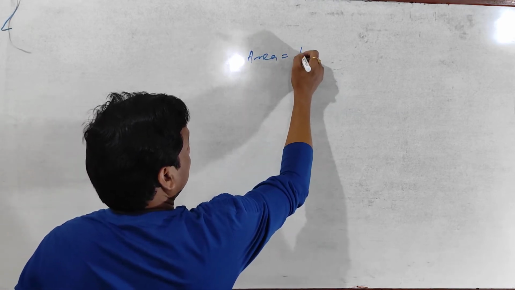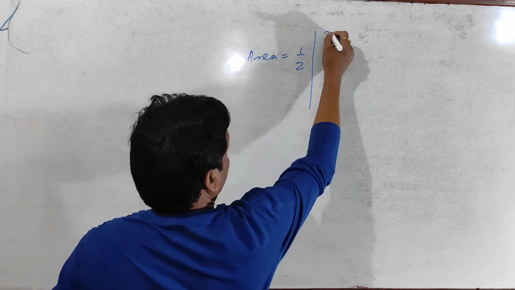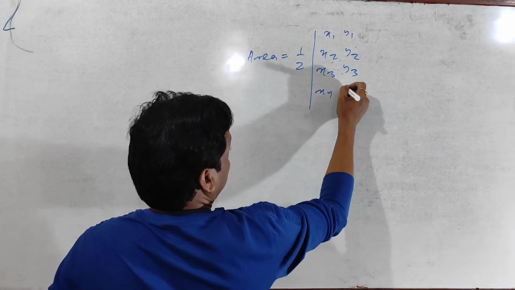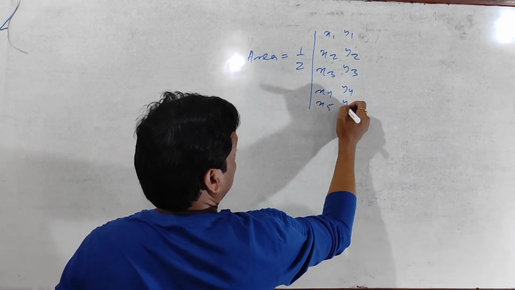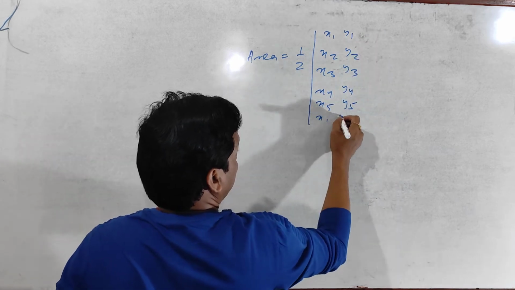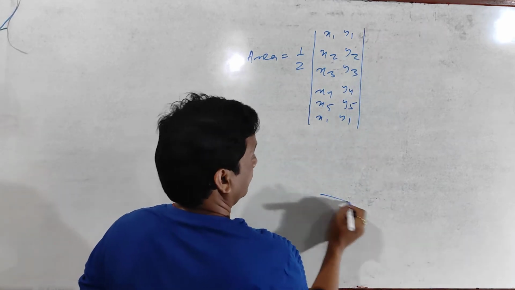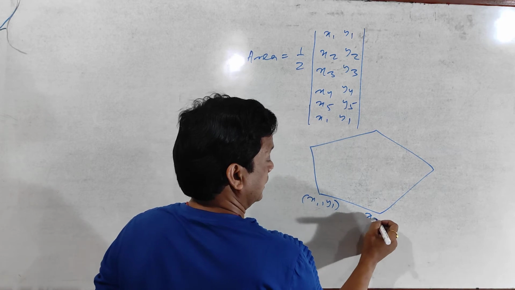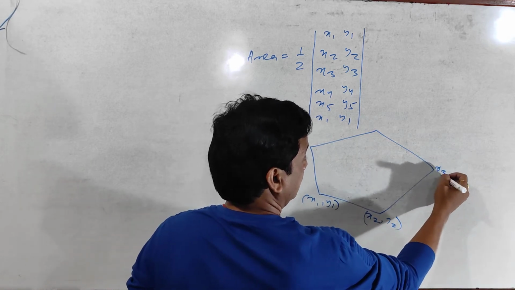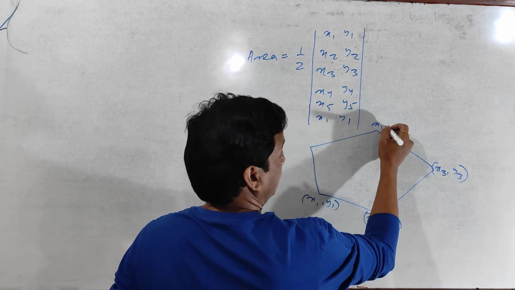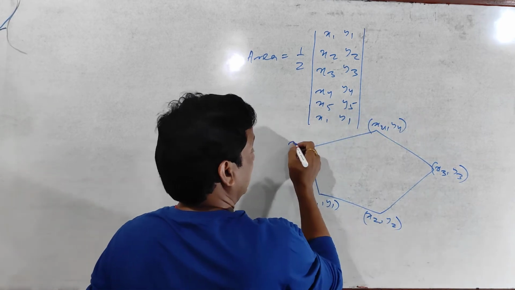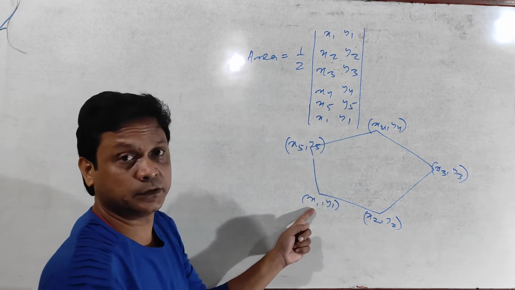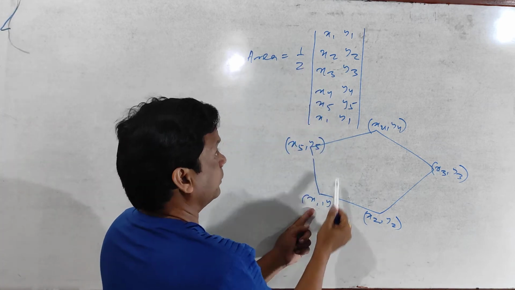Area is equal to 1 by 2. Take the coordinates (x1, y1), (x2, y2), (x3, y3), (x4, y4), (x5, y5), and I am starting from x1 y1.